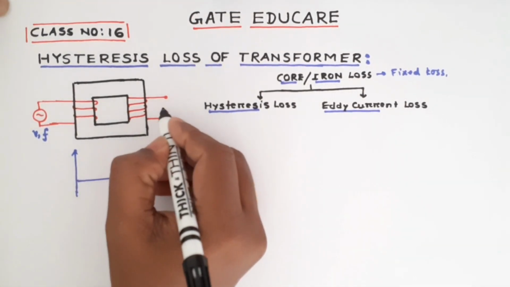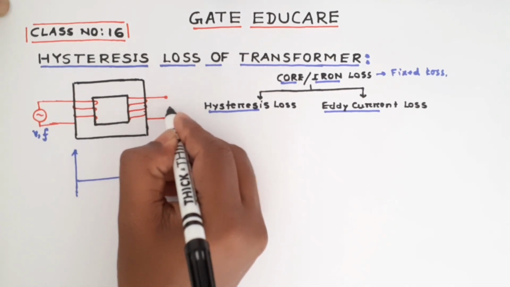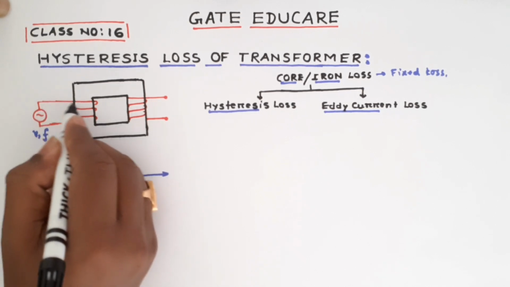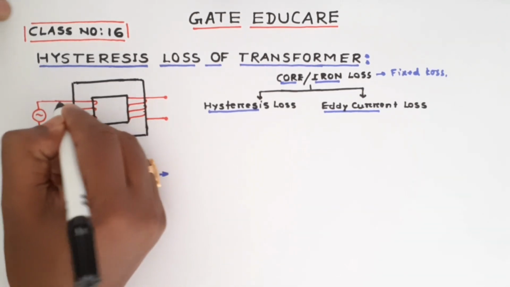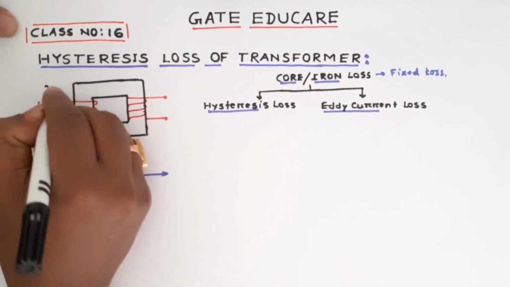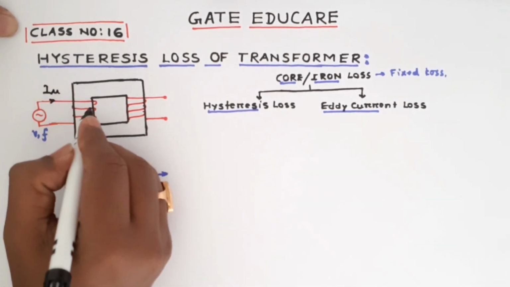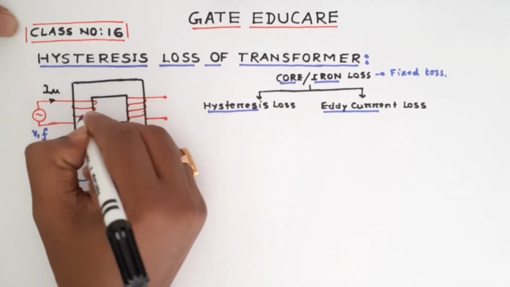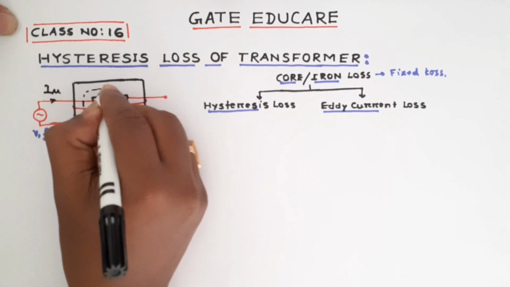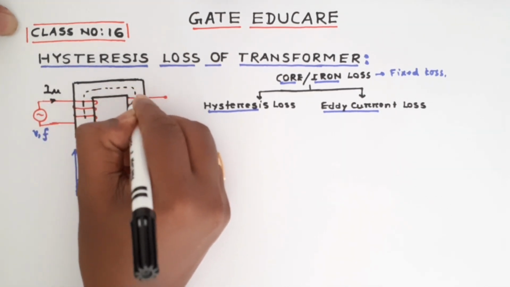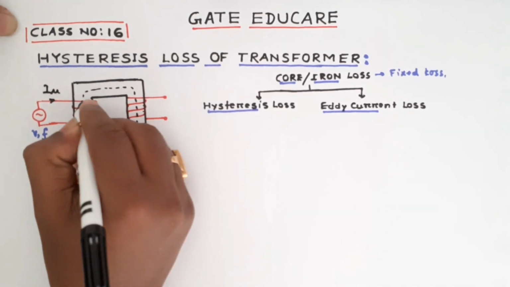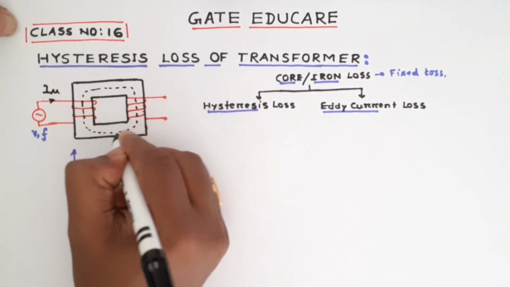At no load condition, that means no load is connected to the output terminal, when an AC voltage is applied to the transformer primary, the transformer draws a current I mu, called the magnetizing current, for the establishment of flux. The flux passes through the transformer core and links with both the primary winding and the secondary winding.